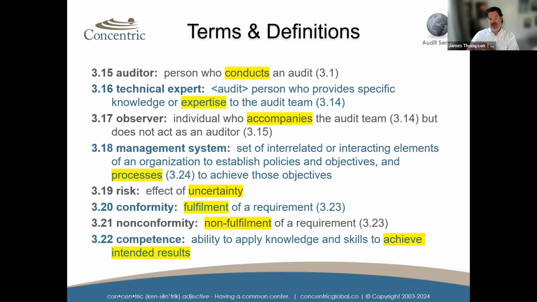So what are the knowledge and skills that are needed for an auditor to achieve intended results? Well, that comes down to finding and presenting evidence on the condition of a process, the condition of an area of the business, and those findings actually meaning something. Those findings being a really good jump-off point for improvement.